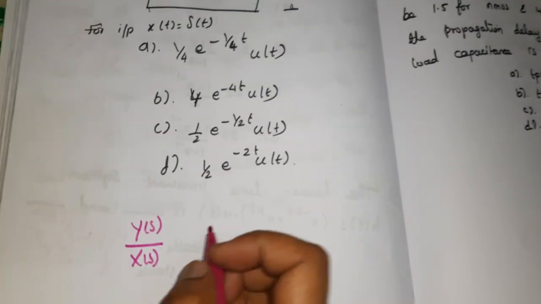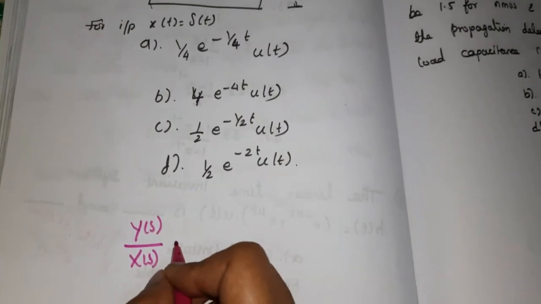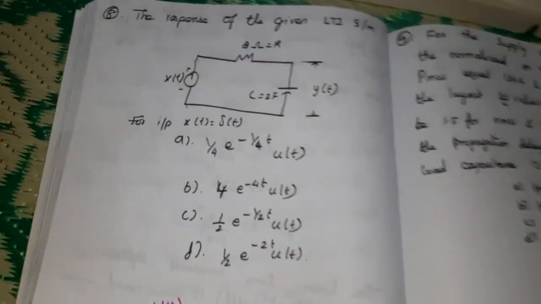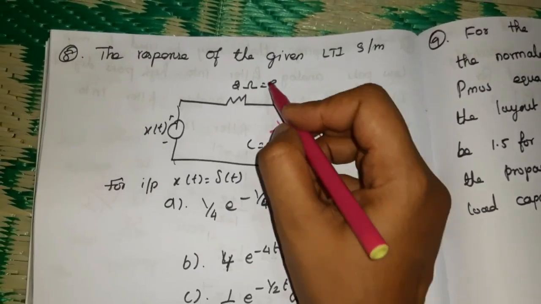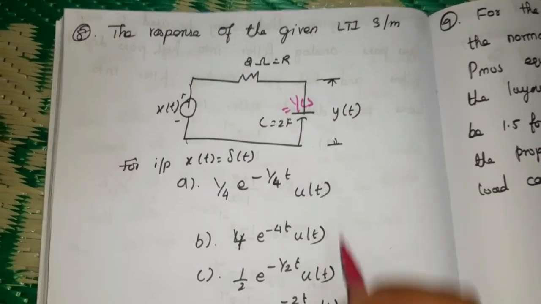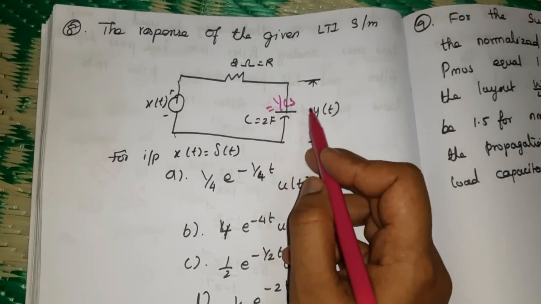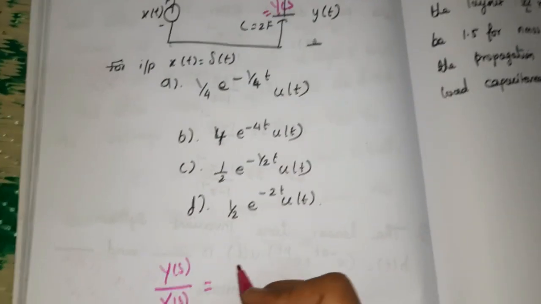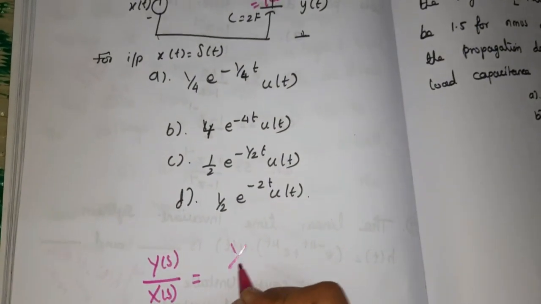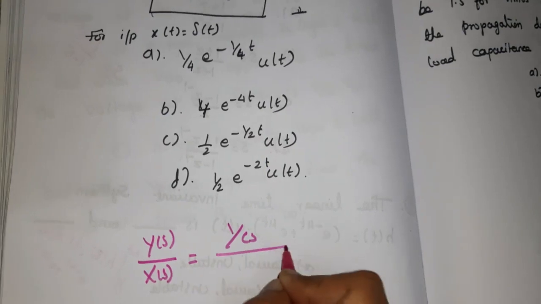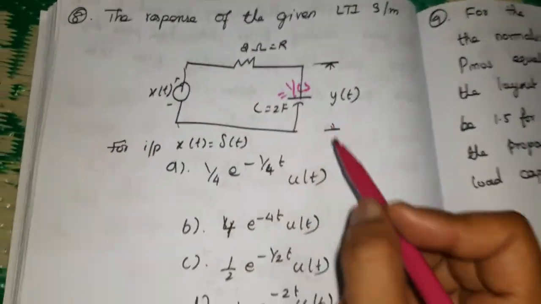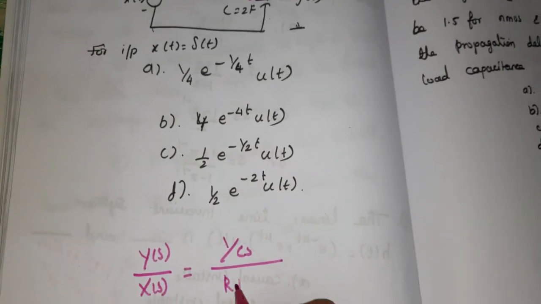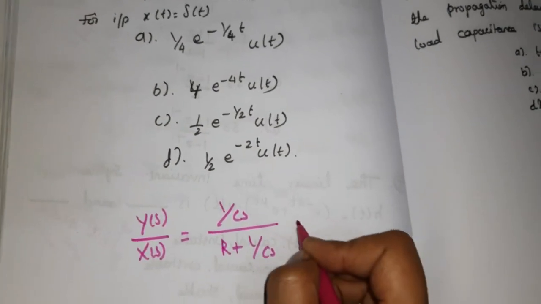This can be written as 1 by cs, and this as R. So C is 1 by cs in Laplace transform, so this becomes 1 by cs divided by R plus 1 by cs, since R is in series with the capacitor.